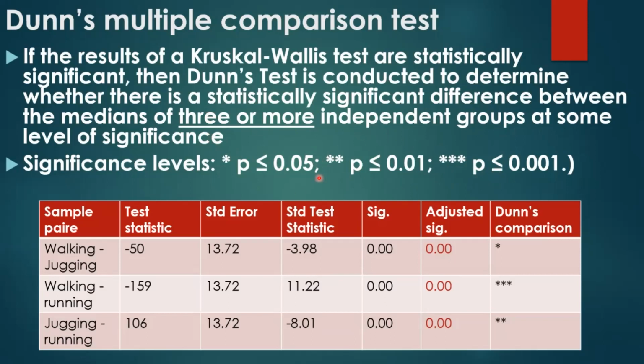Unlike the post hoc test for ANOVA, where we are going to get significant letters. So don't think that when you run a Dunn's multiple comparison test, you are going to get significant letters. No, it's slightly different. But all of them are doing pairwise comparison. But what we get in terms of the statistics output is different.